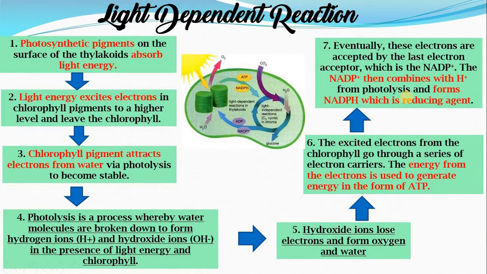Eventually, these electrons are accepted by the last electron acceptor, which is the NADP plus. The NADP plus then combines with the hydrogen ions that come from the photolysis of water, and then forms NADPH, which is a reducing agent that will be used in the light independent reaction.